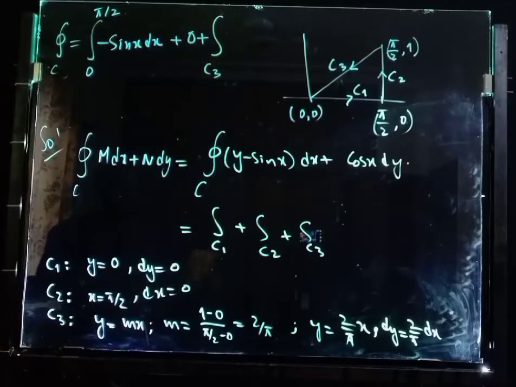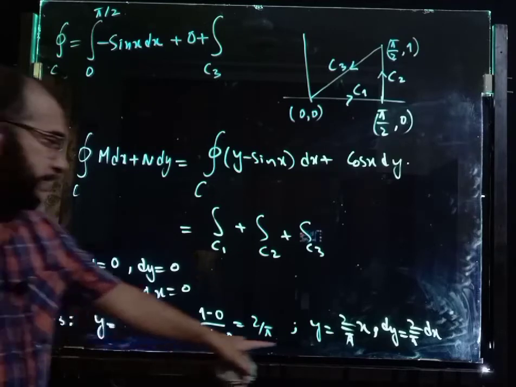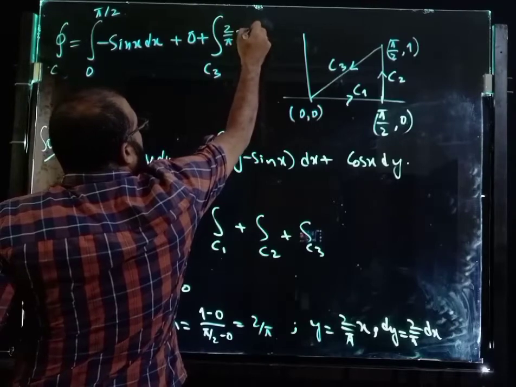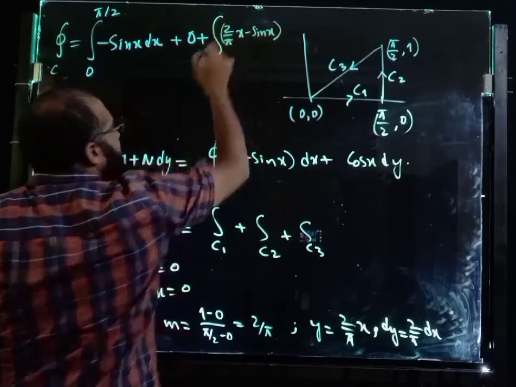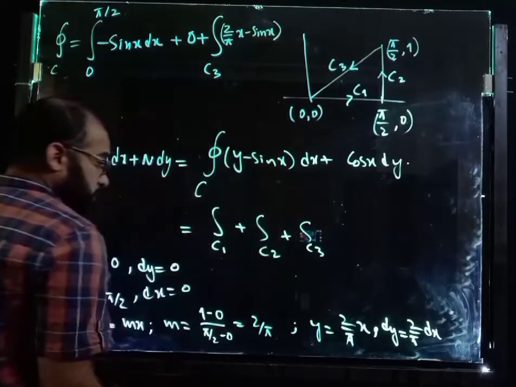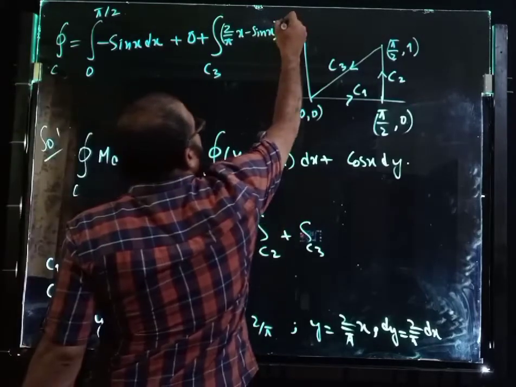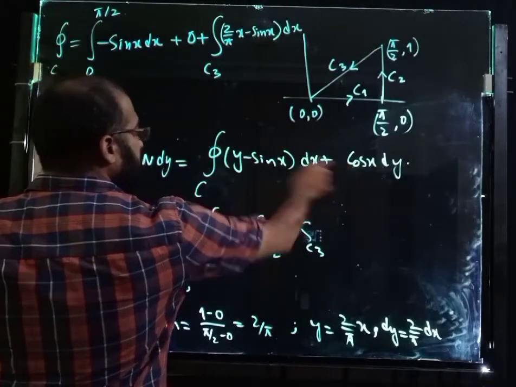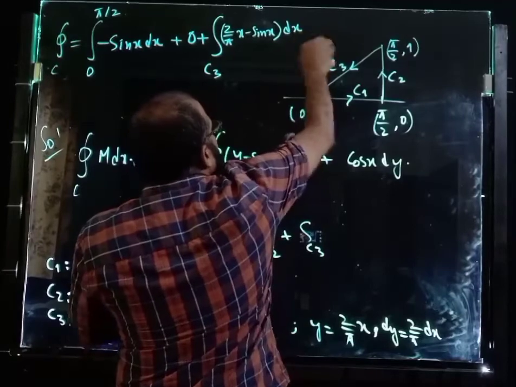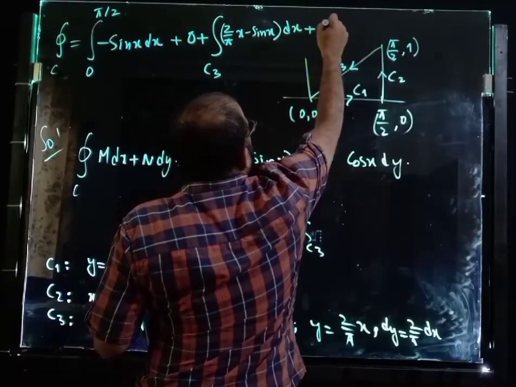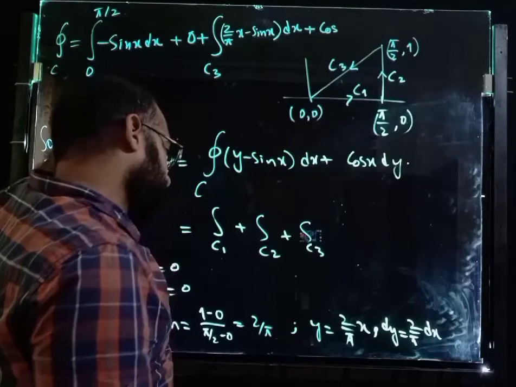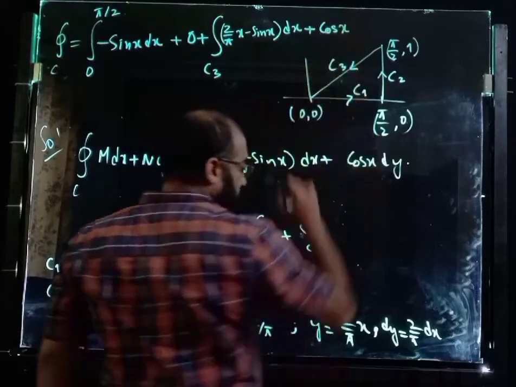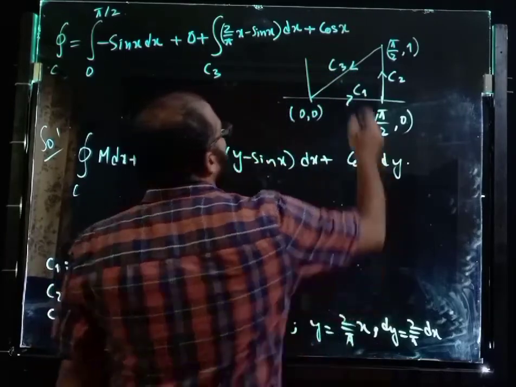And for the curve C3, y is 2 over pi x, so 2 over pi x sin x dx plus cos x dy, where y is 2 over pi x, and dy is 2 over pi dx.